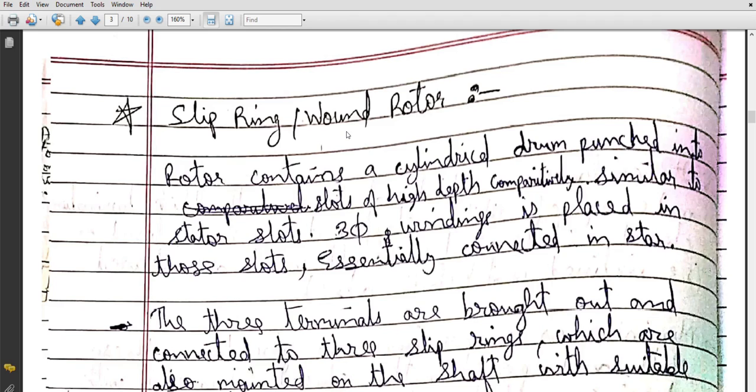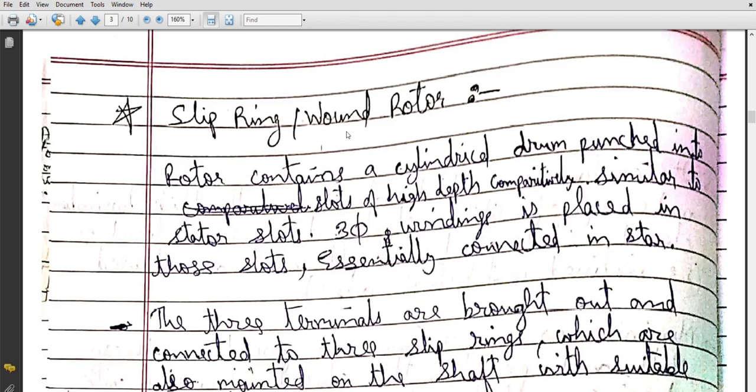Why? Because we know that a very important condition for developing a constant electromagnetic torque is that the number of stator poles must be equal to the number of rotor poles. So we need to design the three-phase rotor winding so that it contains as many poles as are present on the stator.